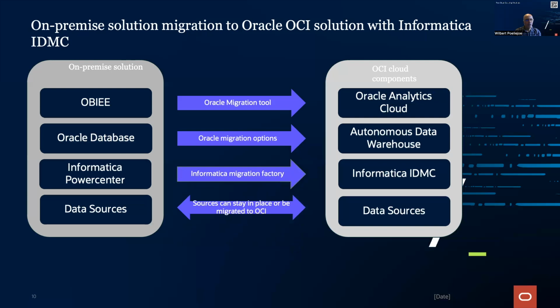And as mentioned, the data sources can remain untouched. Connection will have to be made to them from OCI, but it's also an option to look into the possibility to migrate such data sources, but that is not part of this session.